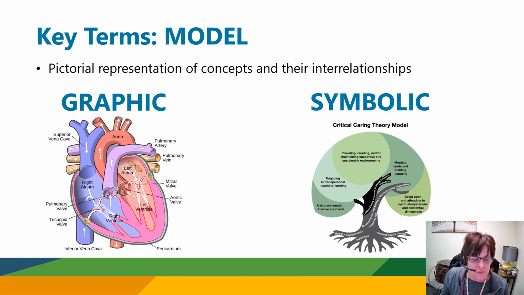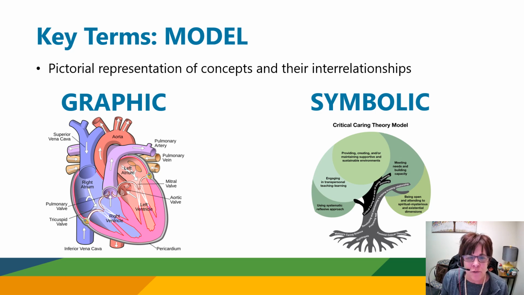So you can see if we were talking about the heart, how all of this functions. A graphic model is empirical and can be easily represented. So if you think about the heart, the eye, lung functions. Whereas if we're thinking symbolically, a symbolic model is not directly observable and is expressed in language, words, or symbols. If you think about music, or Einstein's theory of relativity.